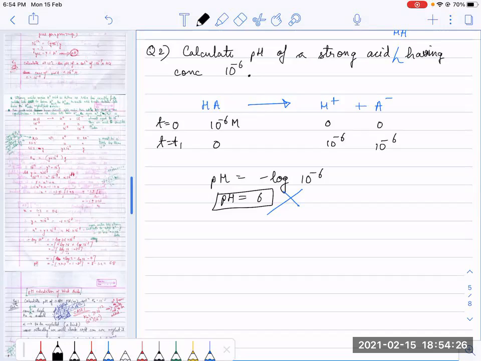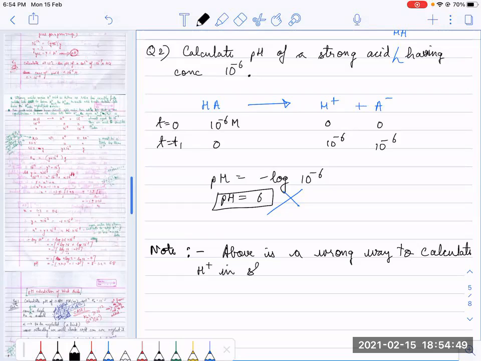So let me write a note. The above is a wrong way to calculate H plus in strong acids, in strong electrolytes, which can be acids or bases.